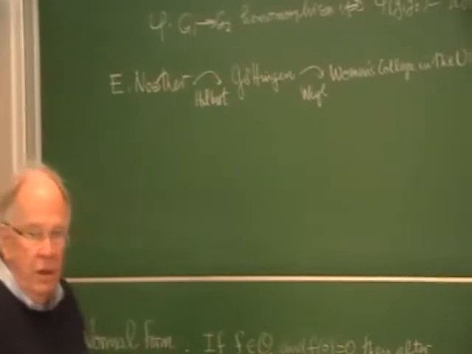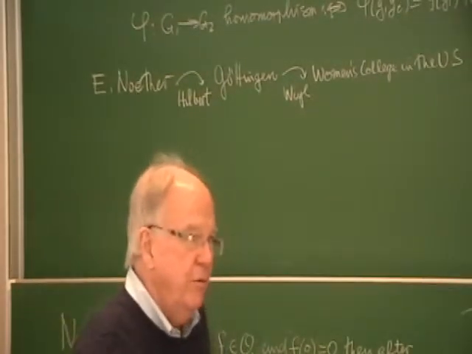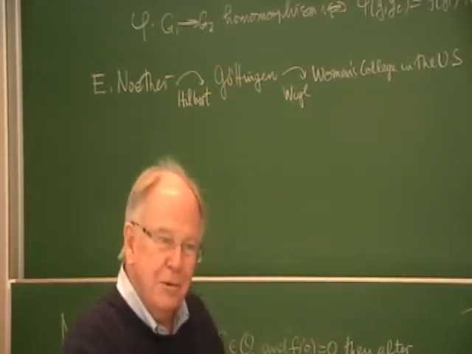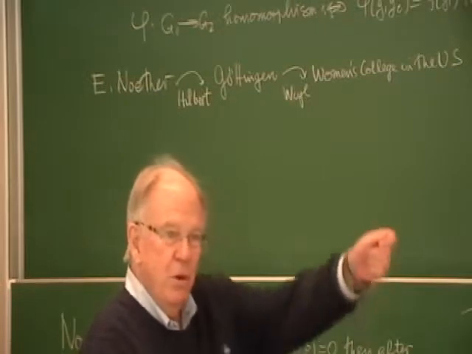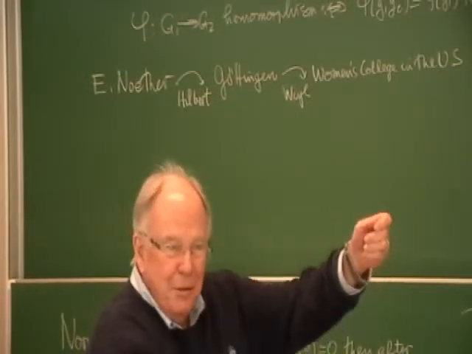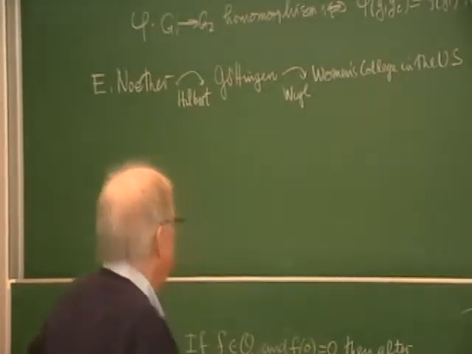When she was in Göttingen, this will shock you. When she was in Göttingen, I even saw the blackboard she's writing on. I like to look at these things. It's one of these boards you roll and you keep rolling. It's an infinite board. You roll it and it continues on.